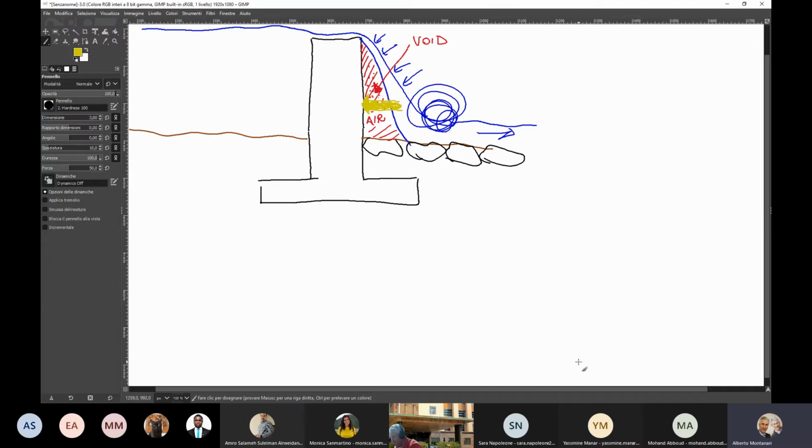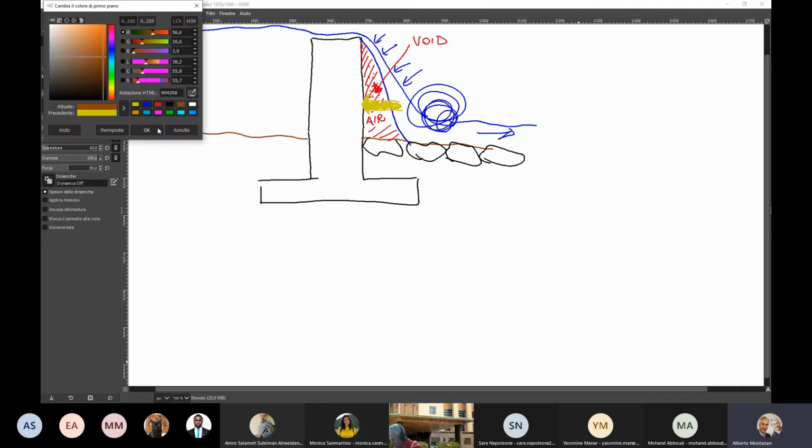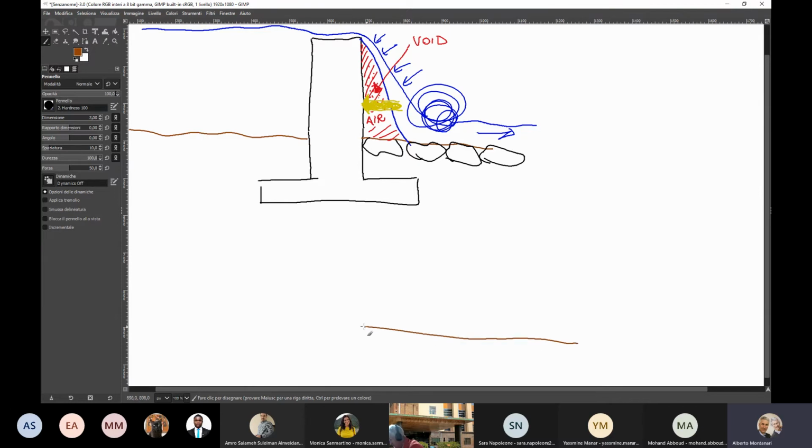If you have, let's start from the riverbed, a riverbed profile that is articulated in this way, and you have a structure here, and let me make the structure similar to the other one with the foundation, and then you have the upstream side of the weir that doesn't change, but the downstream side, the idea was to shape it with the same shape that the water flow takes. So the idea was to make something like this.